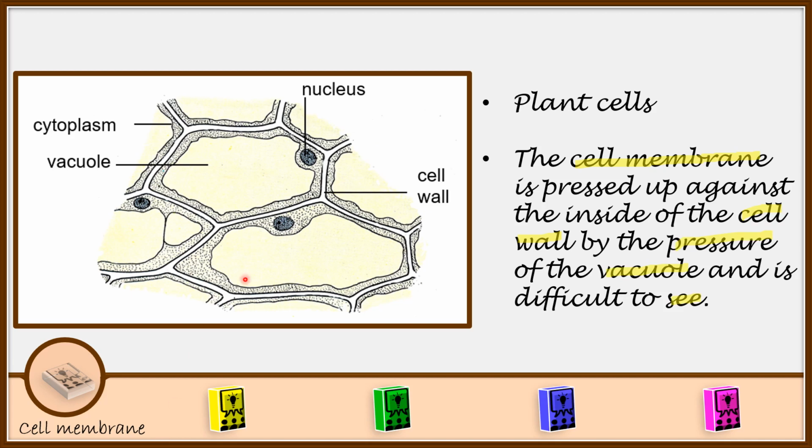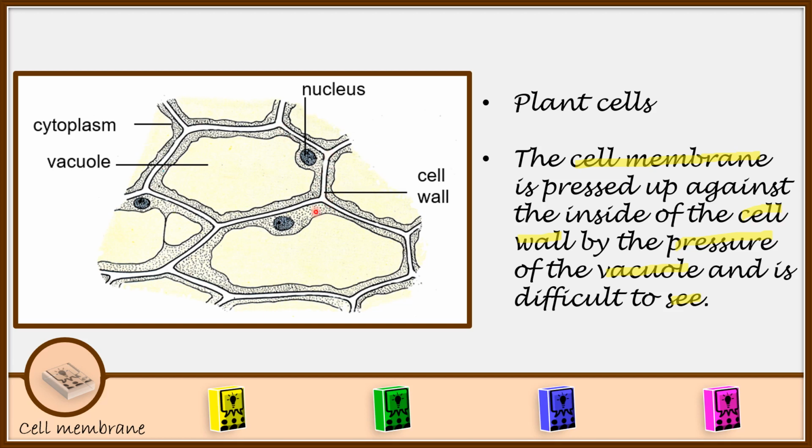We have the cell membrane. The cell membrane is this small layer. It is really placed very tightly on the cell wall.